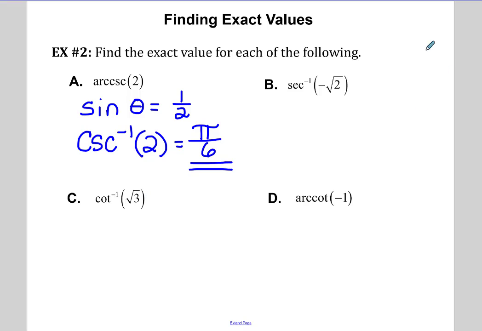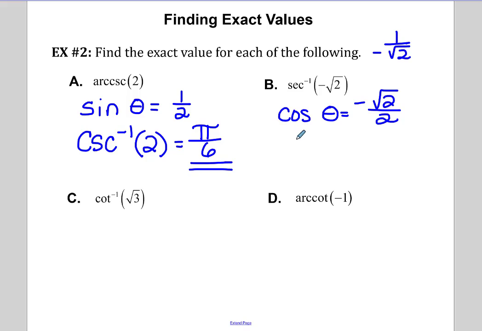You follow that logic? So we can think to ourselves here, this is secant inverse. We're looking for negative square root of 2. So where would the cosine of our angle be 1 over square root of 2, negative, which is also negative square root of 2 over 2 when we rationalize.